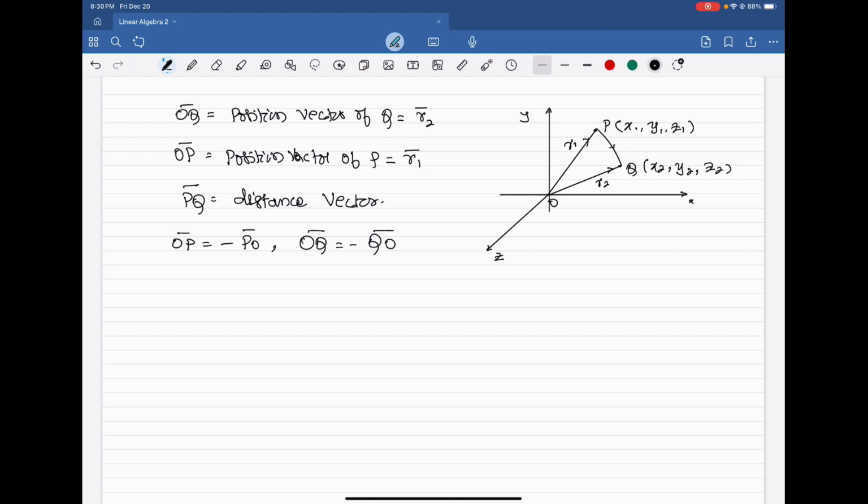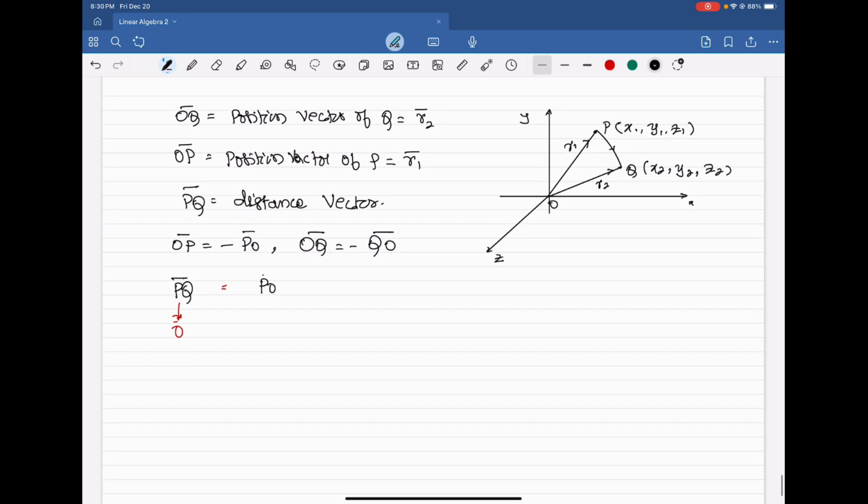Now for PQ, we can put a point O in between. It will be PO plus OQ, where O is the common point. PO plus OQ gives PQ.